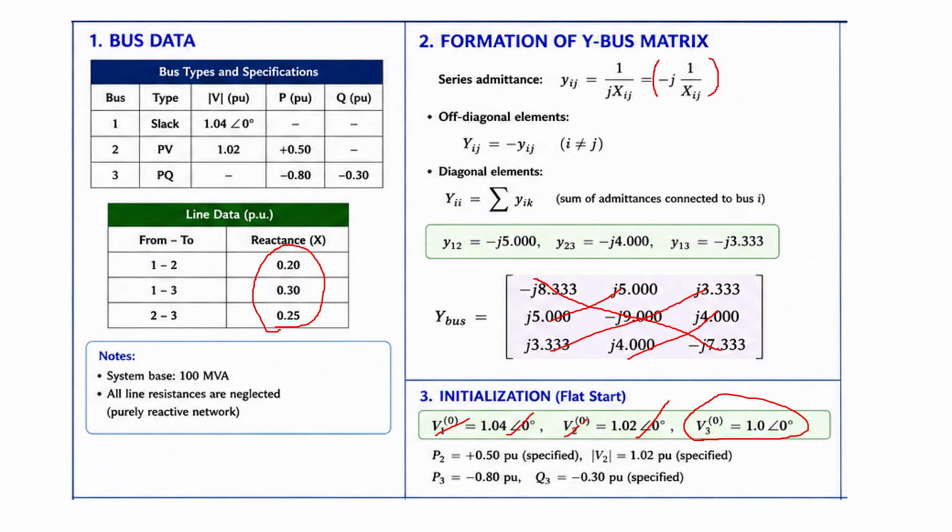We have a PV bus for bus 2, and the magnitude of the voltage will remain constant. There is no need to calculate it every time, but we can calculate the reactive power for bus 2. Again, bus 3 is a load bus. The active and the reactive power will be specified, but the voltage will be calculated.